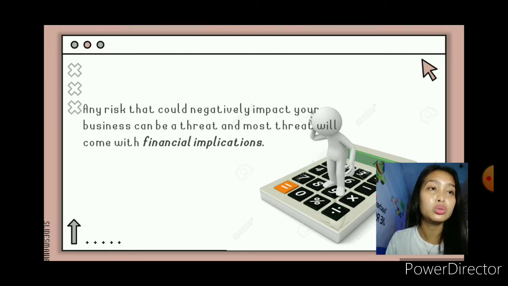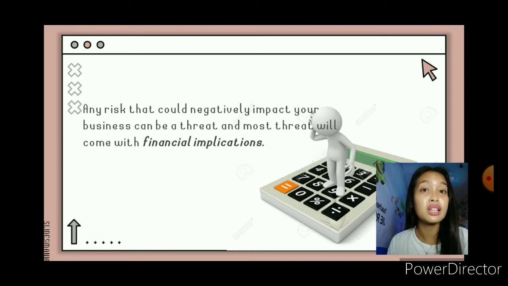It is important to analyze your financial performance so that you will be able to know whether your business is running efficiently or not. So it is very significant to analyze or track your financial performance.